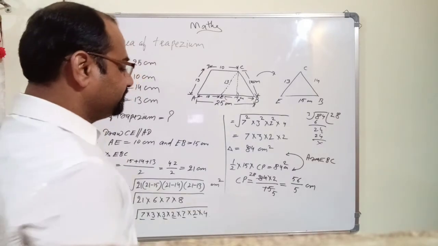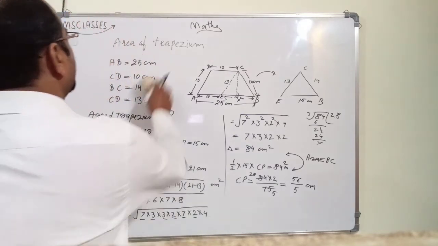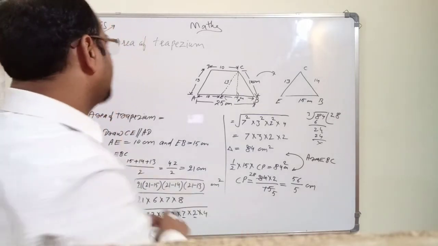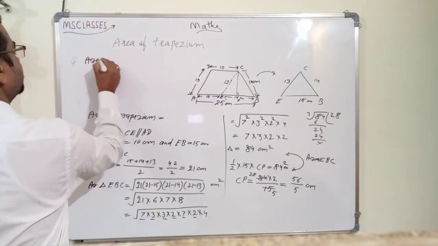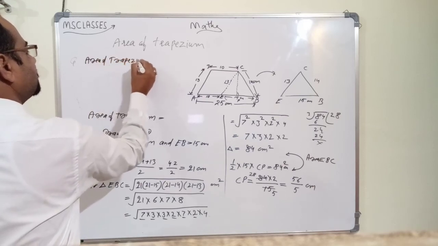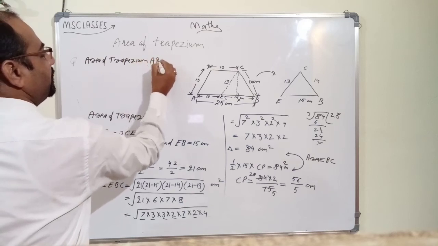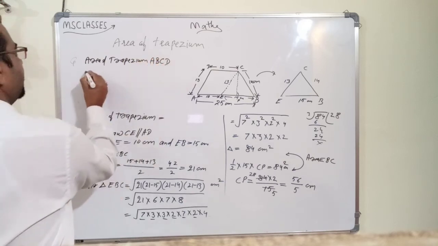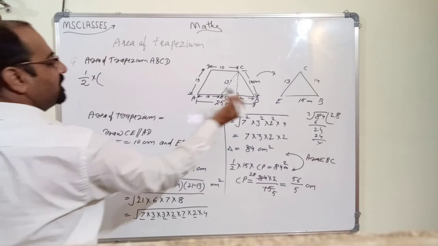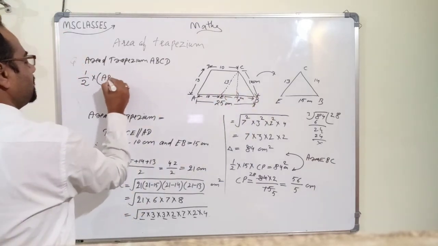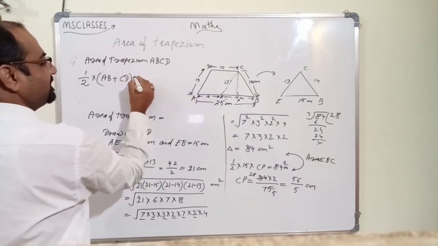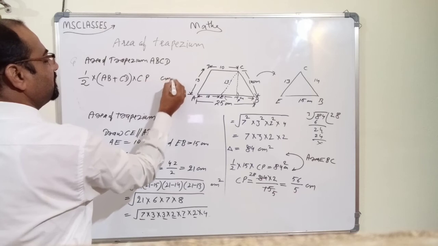Okay, now the area of trapezium ABCD is equal to half into AB plus CD into CP centimeter square.